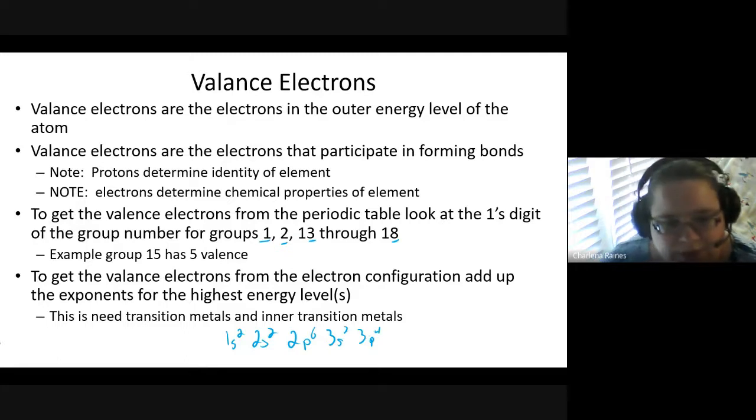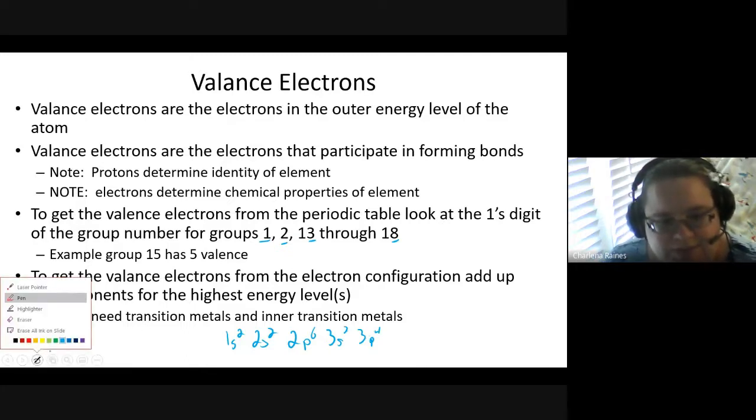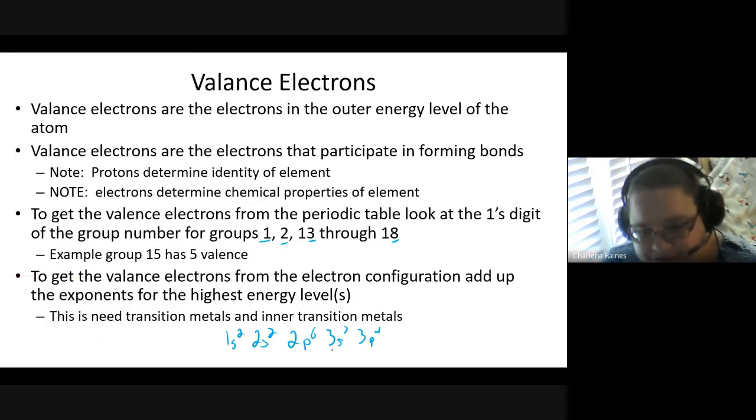So 1s2, 2s2, 2p6, 3s2, 3p4. So what's the highest energy level? Remember, my energy level is the big number. So 3 is the biggest. I add these up and I can see that this has 6 valence electrons.